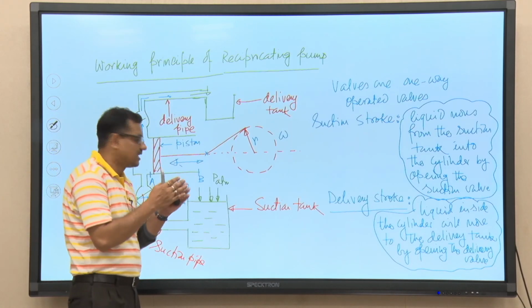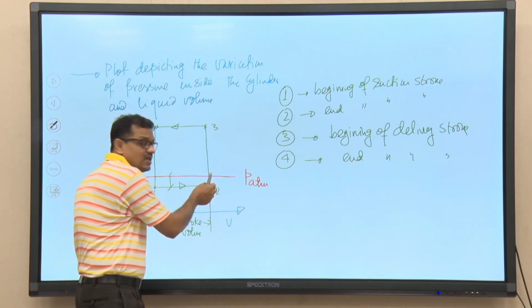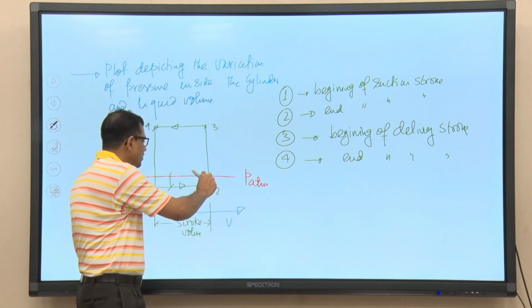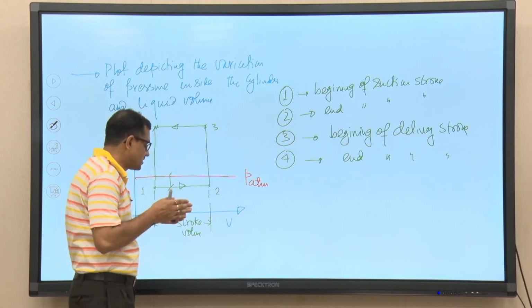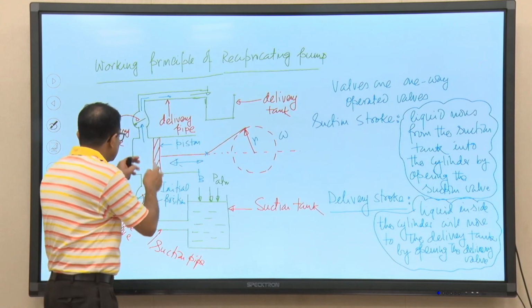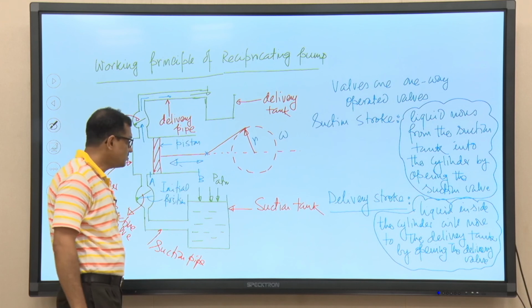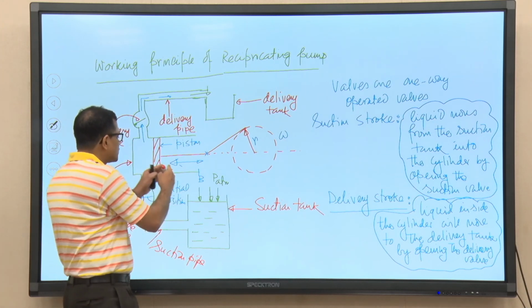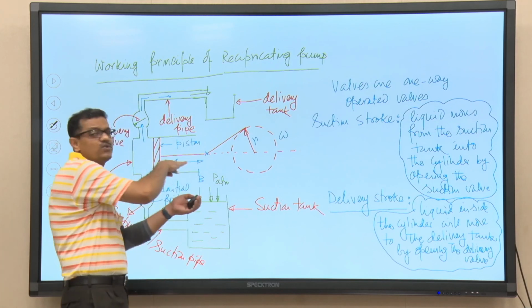that, as I told you, is it possible that the pressure difference towards the end of the suction stroke, that is the difference between the pressure at the suction tank and the pressure inside the cylinder, will remain constant? Definitely, when the piston is reaching towards the end of the suction stroke, the pressure difference will reduce.